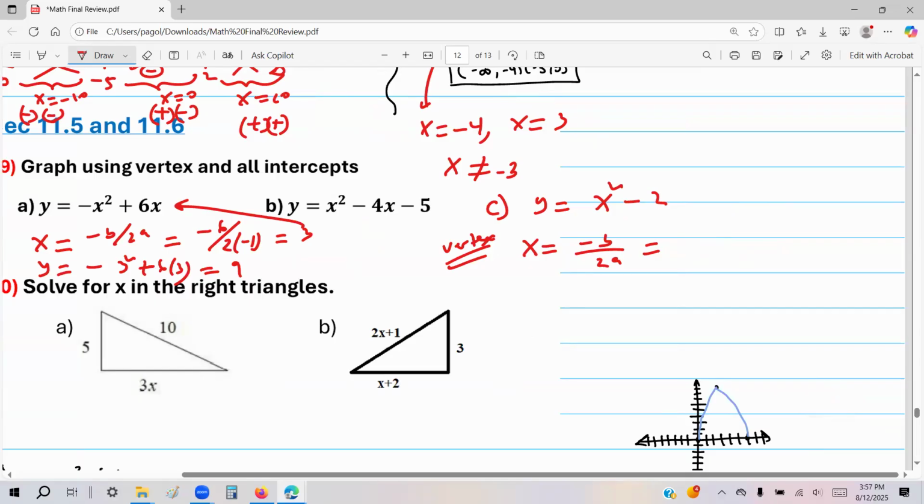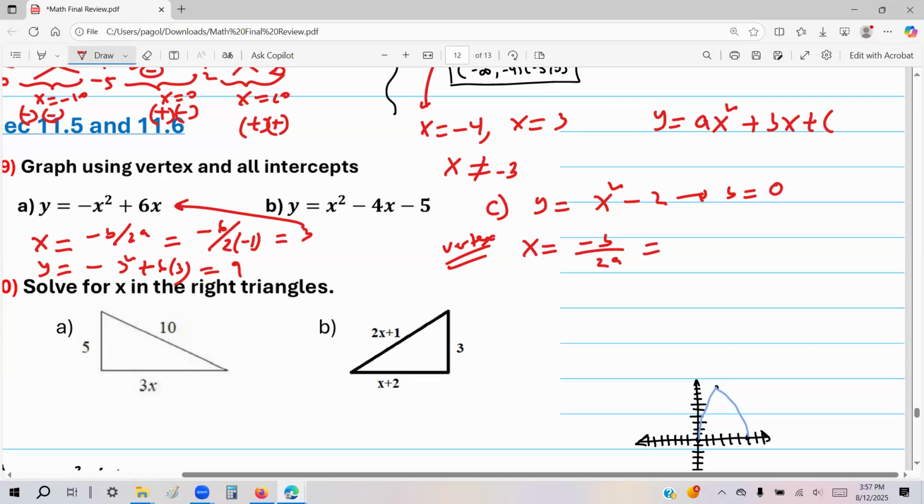What's the format of your equation? y equals ax squared plus bx plus c, right? So in this equation, what is your b? Then what is your c? Good. You don't have a b.